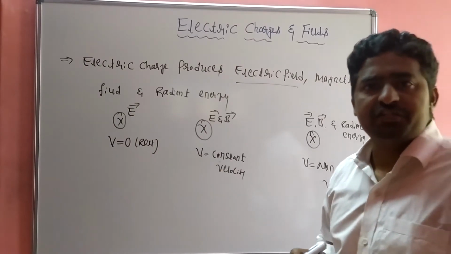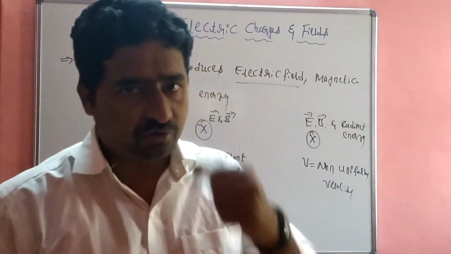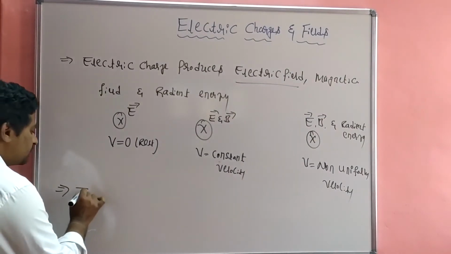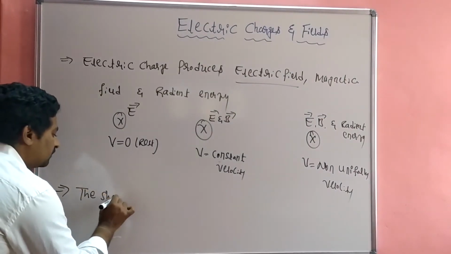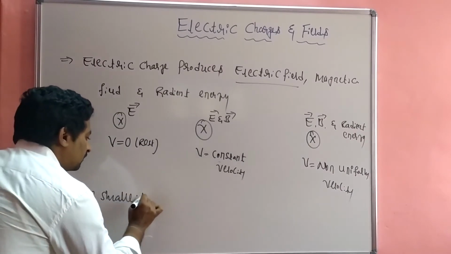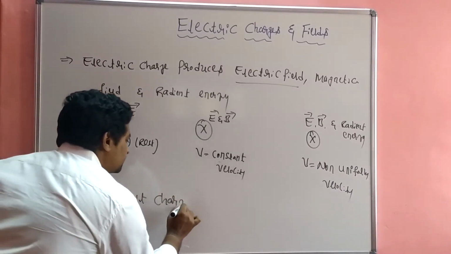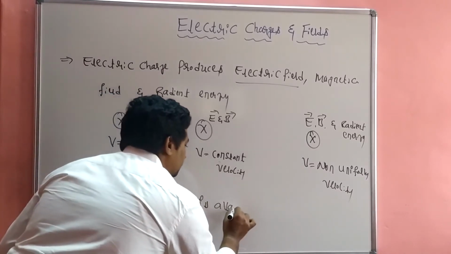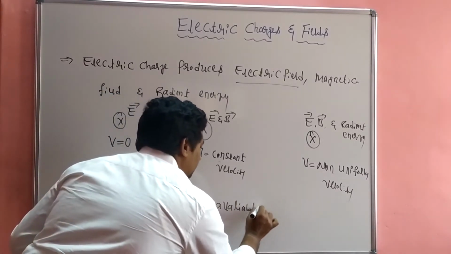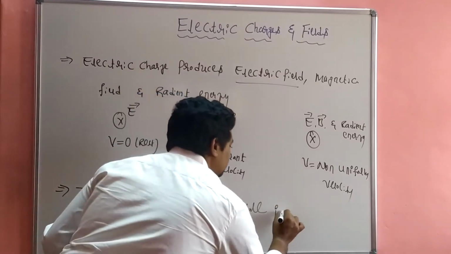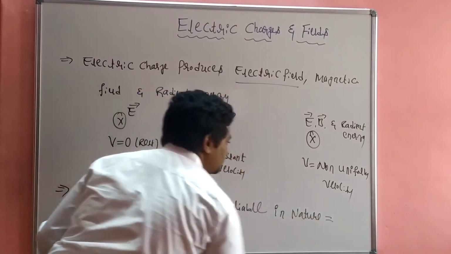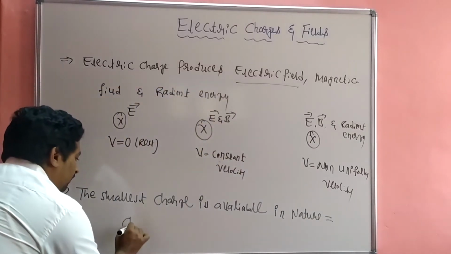So the smallest charge available in our nature, which is that? That is the charge of electron. So the smallest charge available in nature is equal to the charge of electron.